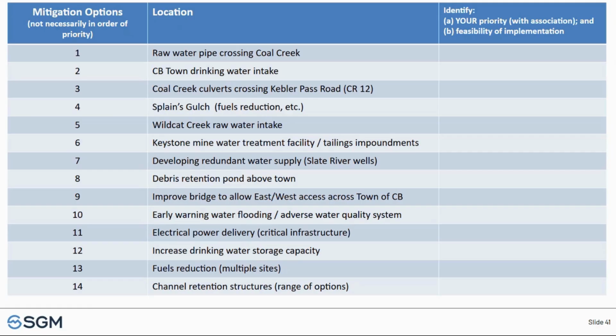One of the big things is this is a public outreach meeting. We're going to pass out some stickies, and we would love for you to look at these options. Maybe there's some other ones you're concerned about. And if you could just list ones that you think might be important to you.